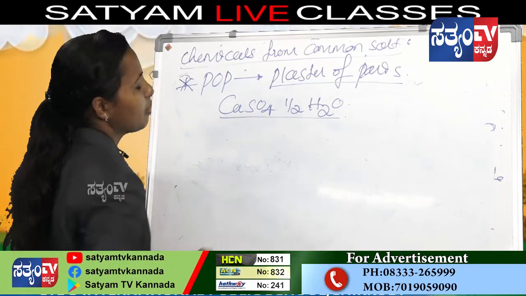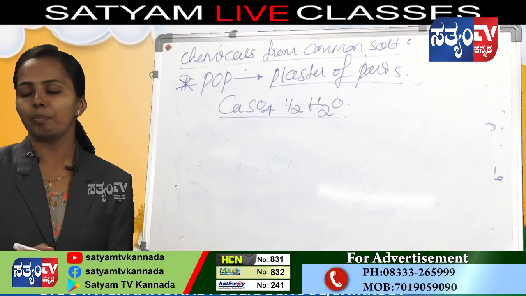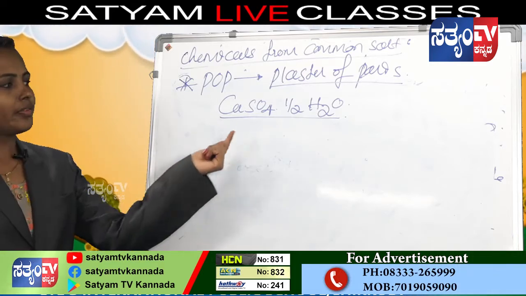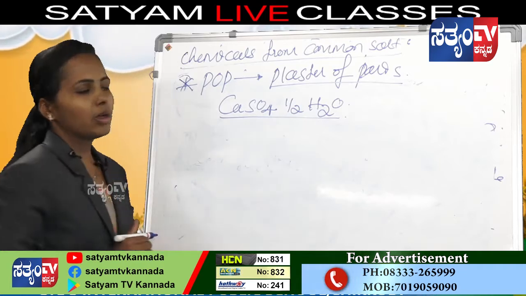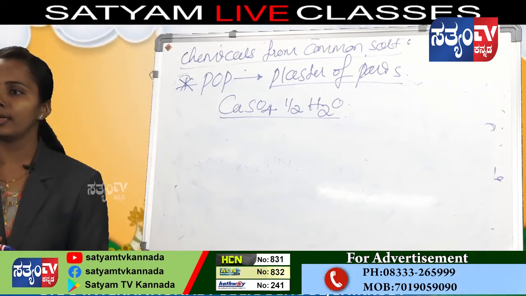This is the chemical formula of POP: calcium sulfate and half H2O. Half H2O means hemihydrate.